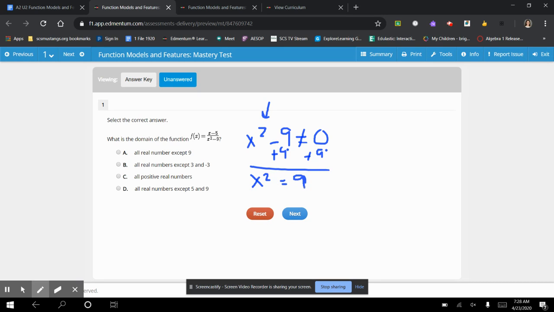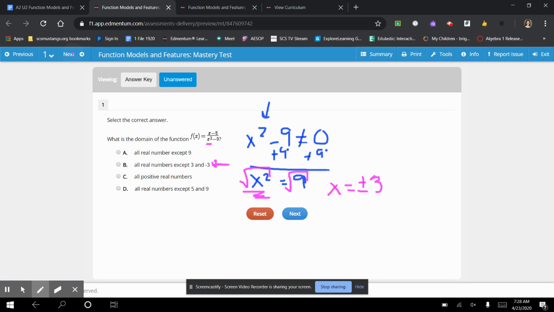Then I want to get that squared by itself, so I'm going to take the square root of both sides. And don't forget, anytime we take the square root of a variable squared, we end up with an answer that is plus or minus. The square root of 9 is 3. So x is going to be all real numbers except for 3 and negative 3, because if we substitute those in for x, our denominator will be equal to 0, and so that answer won't exist.